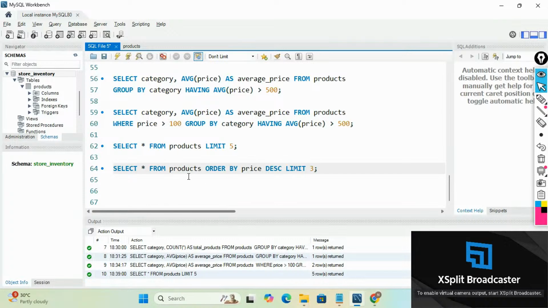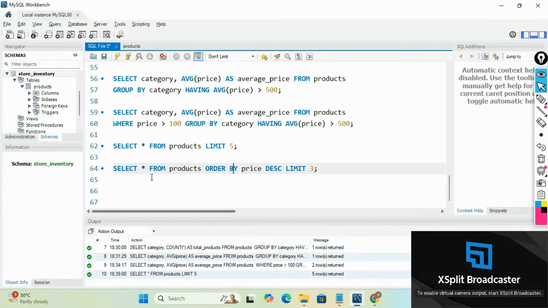So the question for this is, when you have your product table, with your actual products, if you are going to sell some millions of products, or say if you are selling some thousands of products, I am asking you to write a query to give me the top 3 products which have high price.